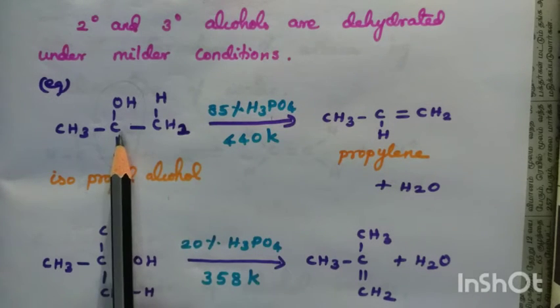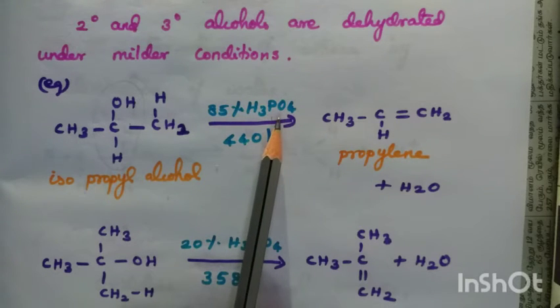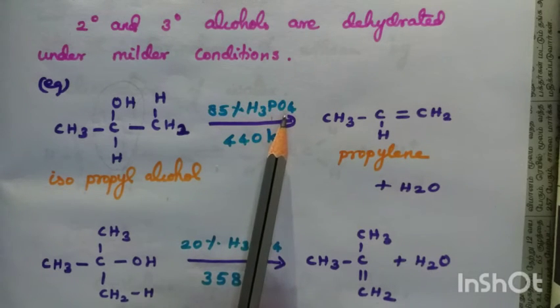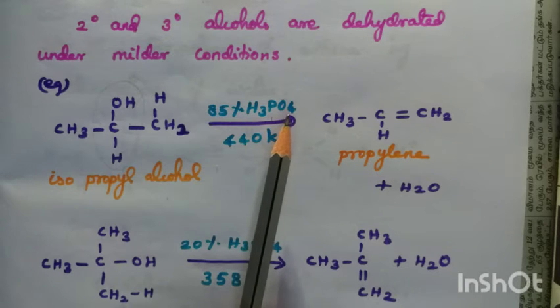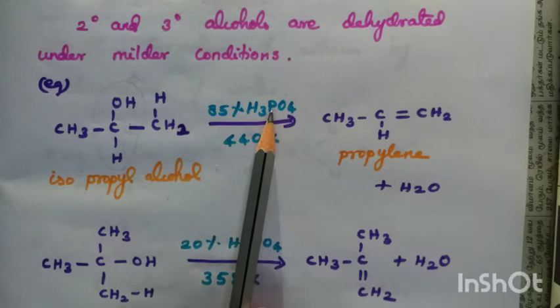For secondary alcohol, we can use 85% H3PO4, that is phosphoric acid. Earlier, from PCl3, the byproduct obtained is phosphorus acid, H3PO3. So phosphoric acid, H3PO4, is a dehydrating agent.